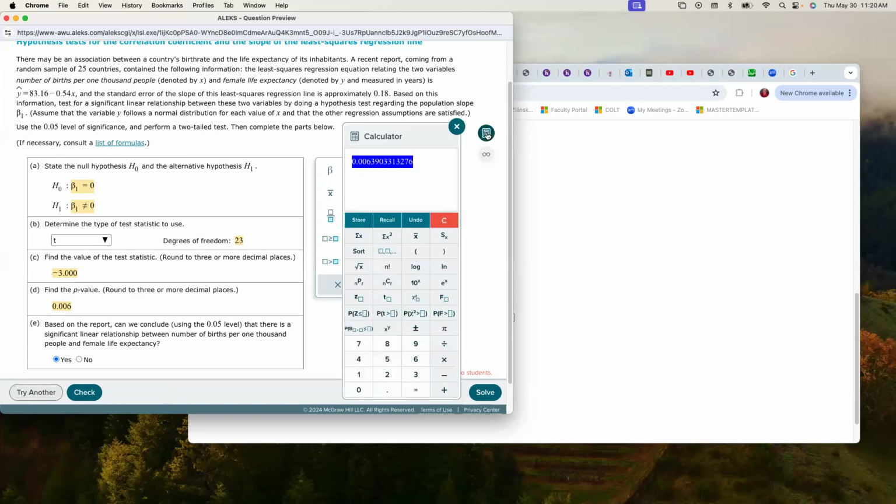So, you'll see if I just go ahead and type in the negative 0.54, and then I go ahead and divide it by 0.18. Okay, so you're really given these two values. There's your -3, and that's the value of the t-statistic. Now remember, we got to find the areas in both tails, and that is the statistic.